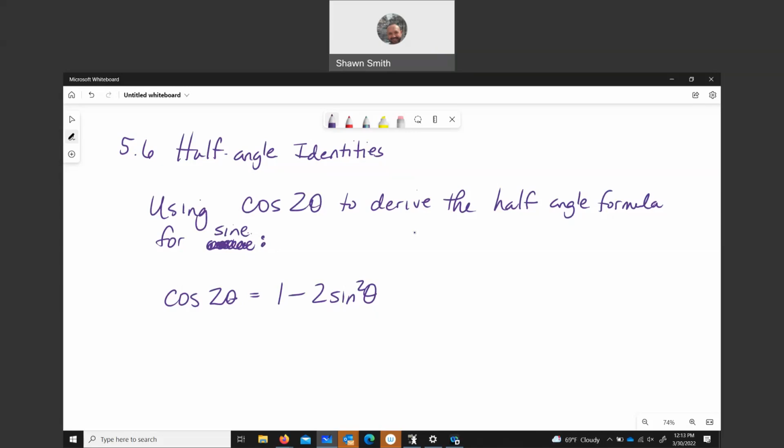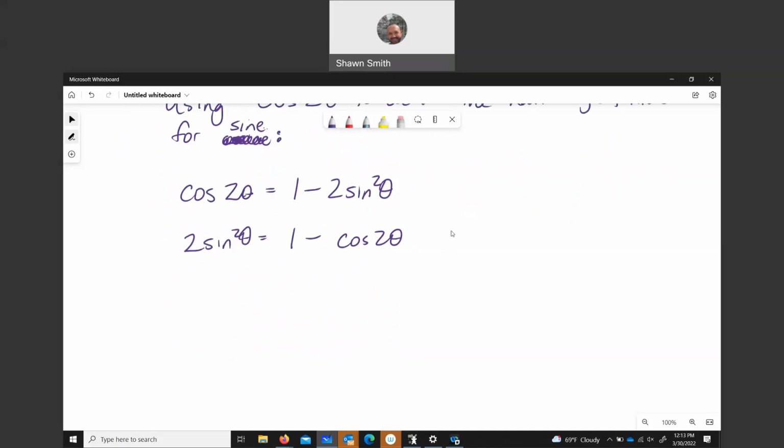So what I'm going to do is just make substitutions, rearrange the equation around. So I'm going to have 2 times the sine squared of theta is equal to, this went to the left, this is going to go to the right. So we have 1 minus the cosine of 2 theta. Divide everything by 2.